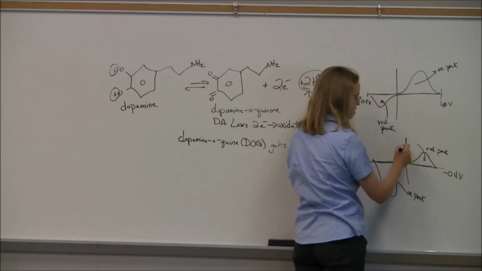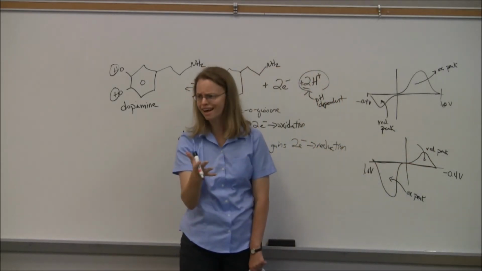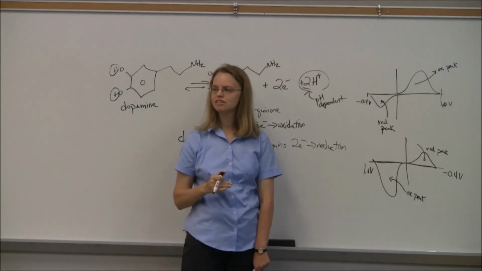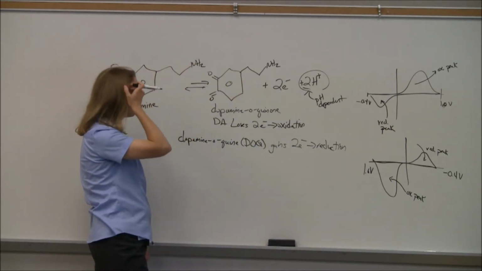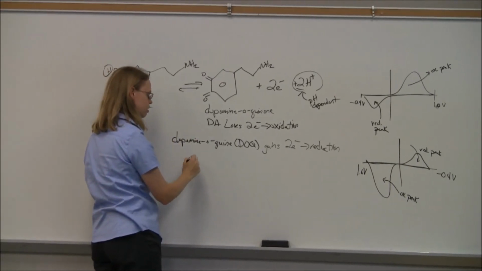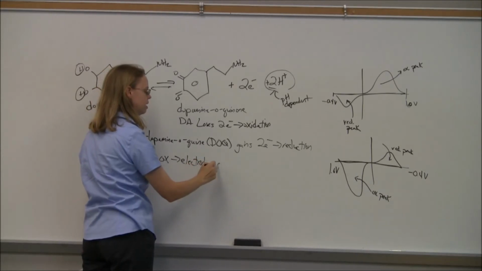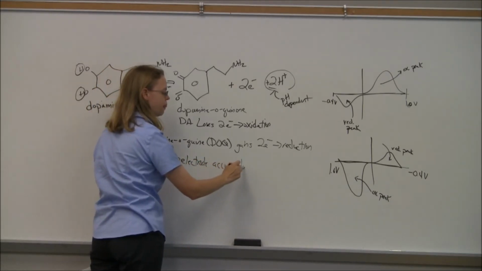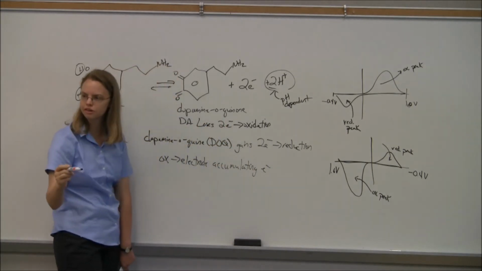In some ways, this convention, although I'm not sure about switching the axes to the right-hand side, quite frankly, makes sense. So if you're doing an oxidation, your electrode is accumulating electrons. Your molecule is losing them, they are going to your electrode.